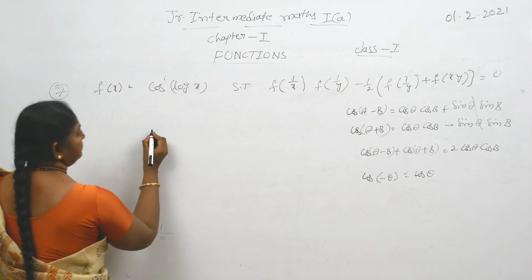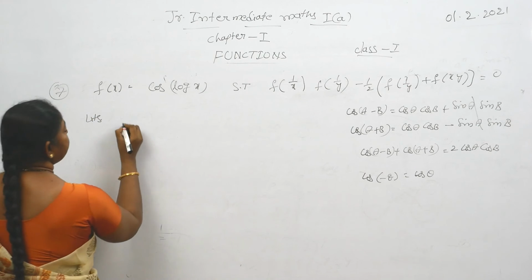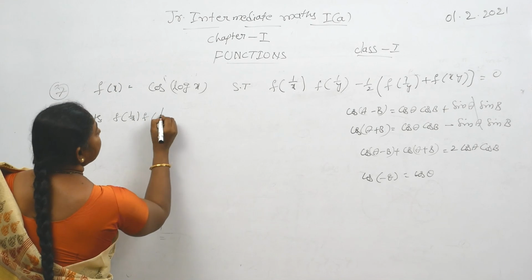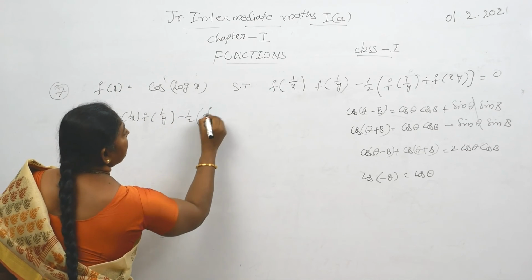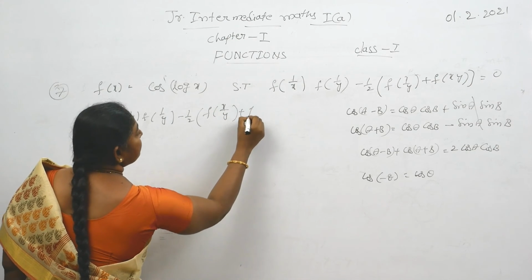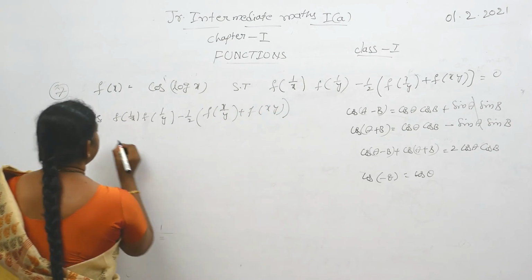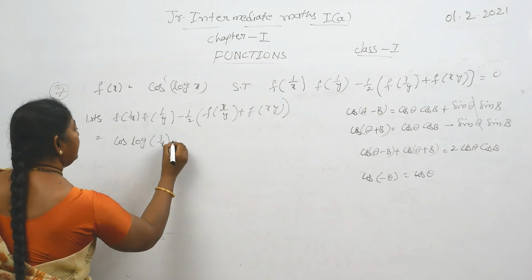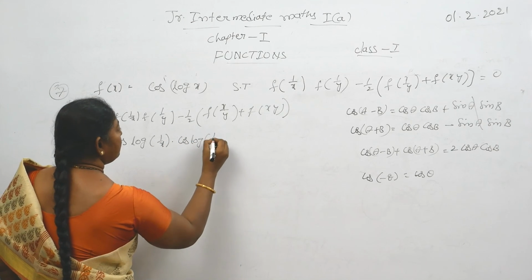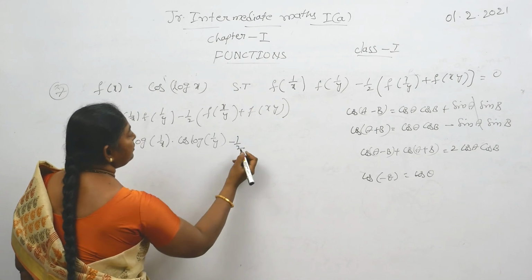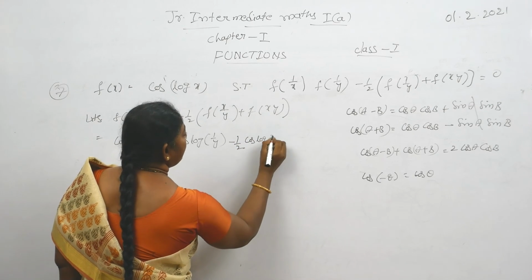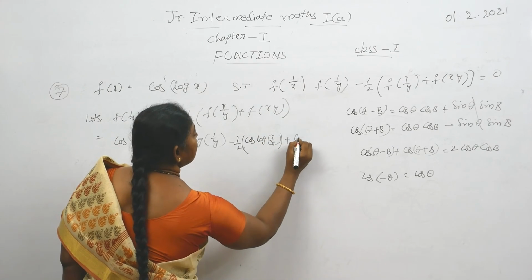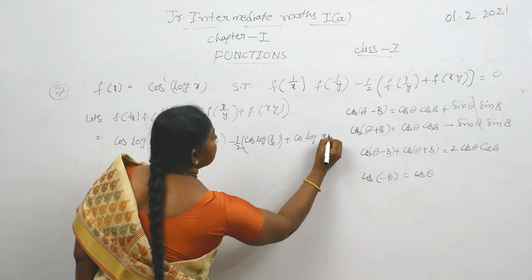So first, LHS. f(1/x) into f(1/y) - 1/2 into [f(x/y) + f(xy)] equals cos(log 1/x) into cos(log 1/y) - 1/2 into [cos(log x/y) + cos(log xy)].